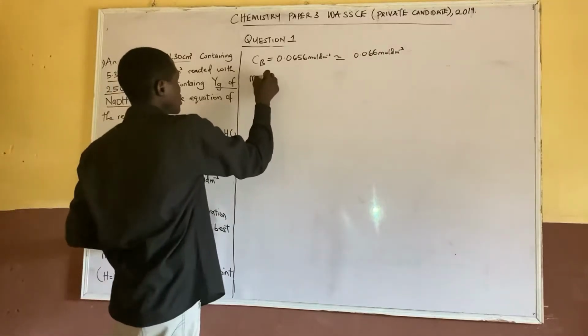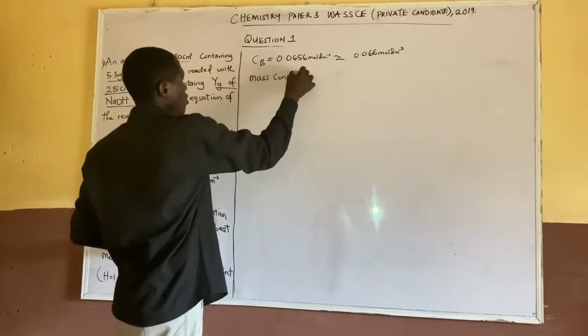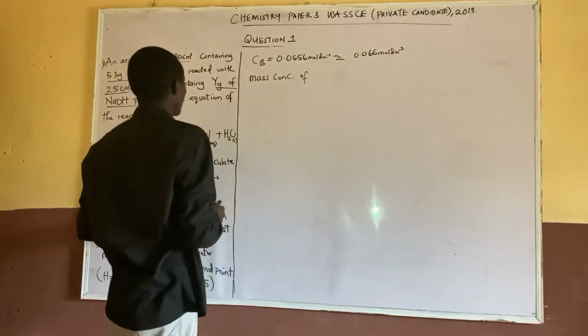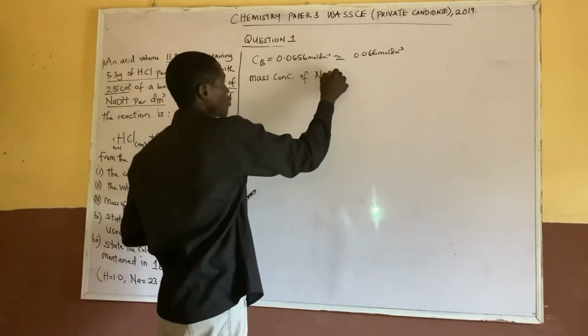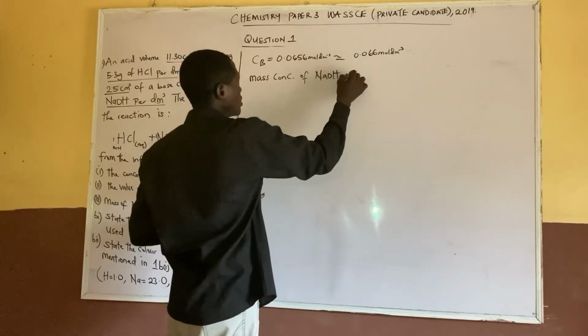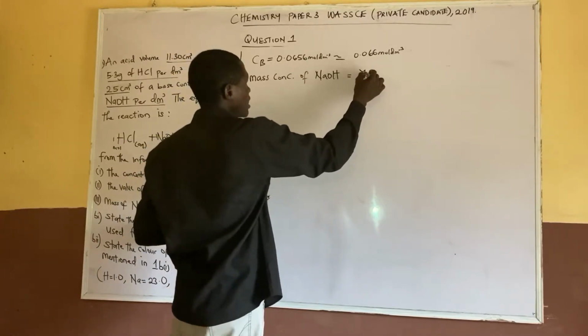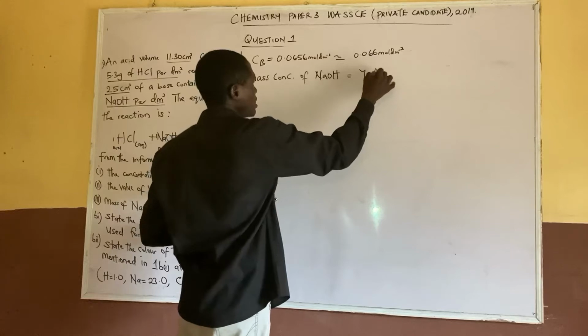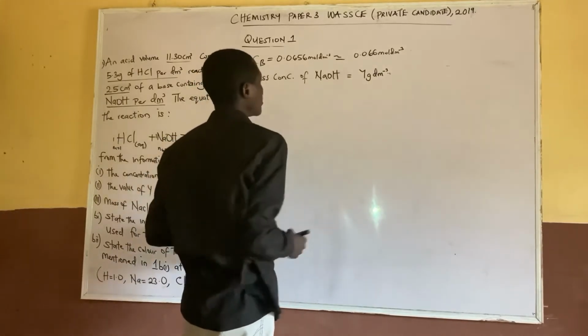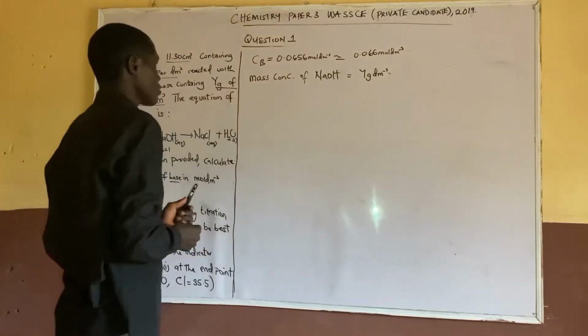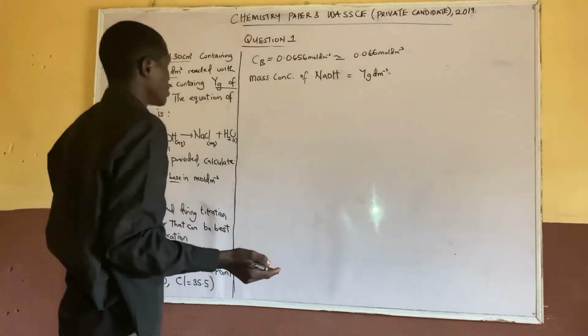The mass concentration of sodium hydroxide from the question is given as y gram per dm cube. So we are looking for the y gram per dm cube.